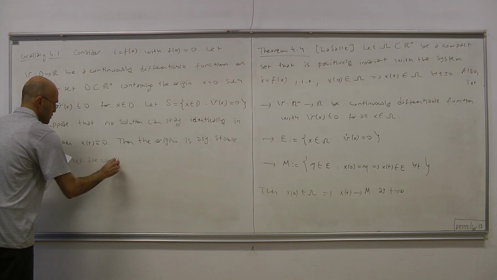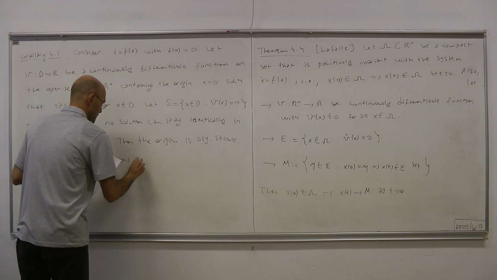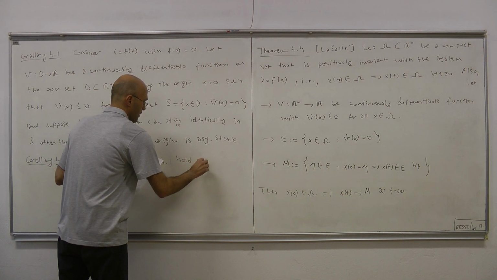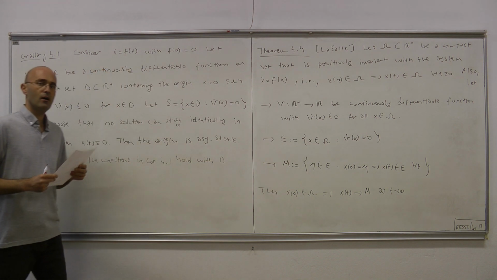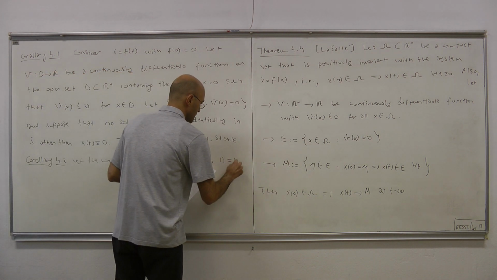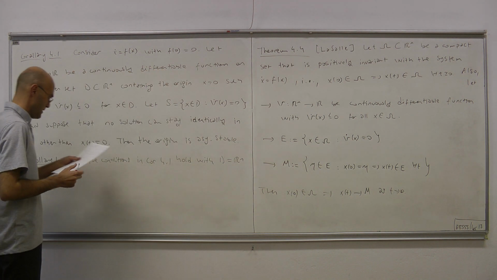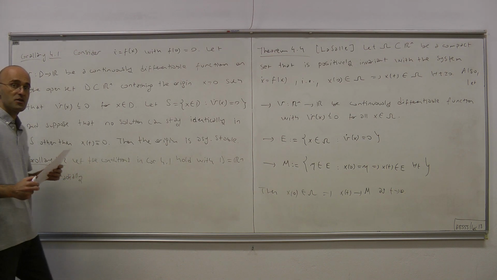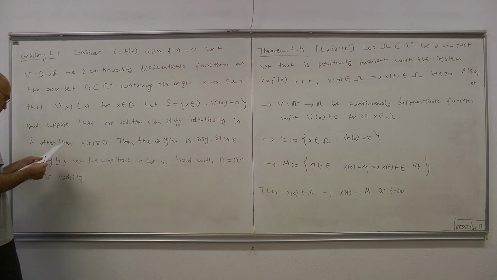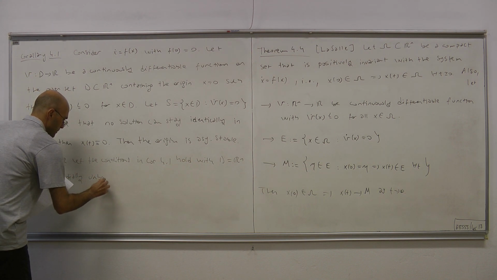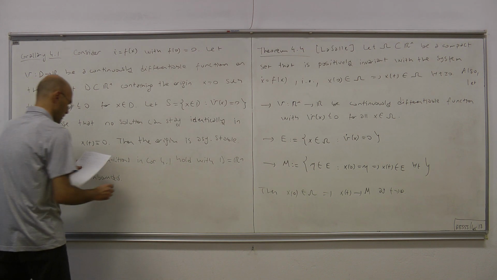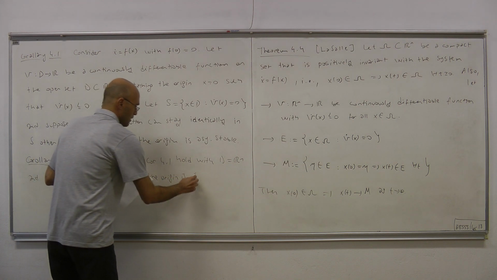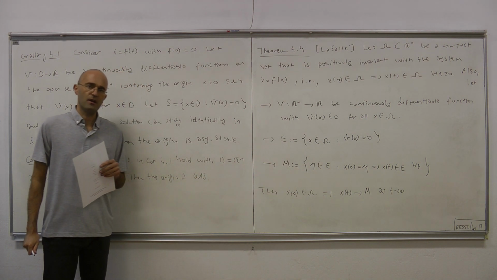Let the above conditions in corollary 4.1 hold with the open subset being the entire space R^n, and the Lyapunov function being radially unbounded. Then the origin is globally asymptotically stable.